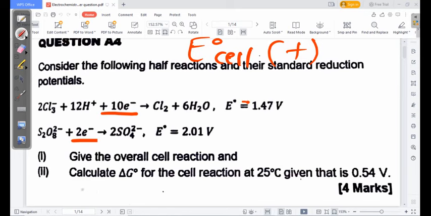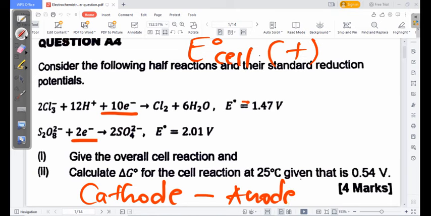So this is the question that I was receiving the other day: isn't the formula for calculating the standard cell potential the cathode and then subtract the anode? Is this the formula that you use? Someone was asking me this question on YouTube. So the basic idea is this negative applies to a case where you don't reverse and you're just trying to perform calculations directly, right?